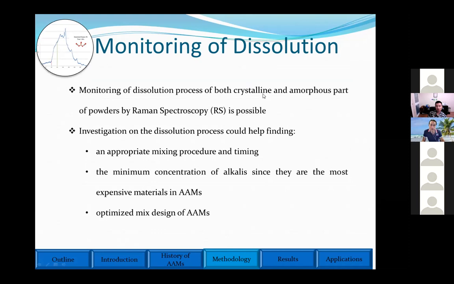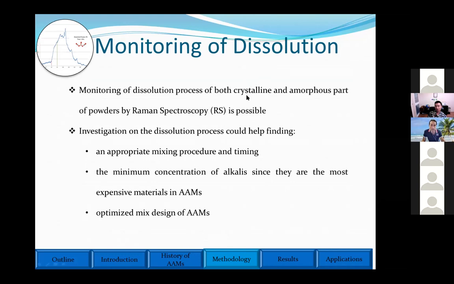So what I mean by crystalline, in this case, in alkali activated materials, we have some components inside our waste material that cannot be dissolved by chemicals. It means that if I increase the concentration of chemicals, I'm increasing the price and cost of the concrete. I cannot dissolve this part of powder, the waste material.